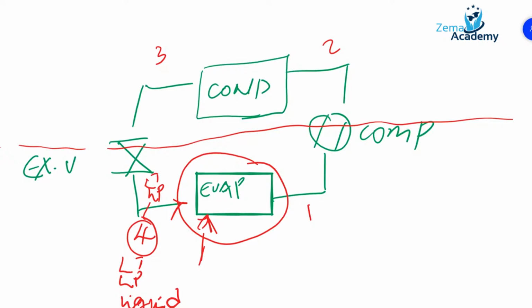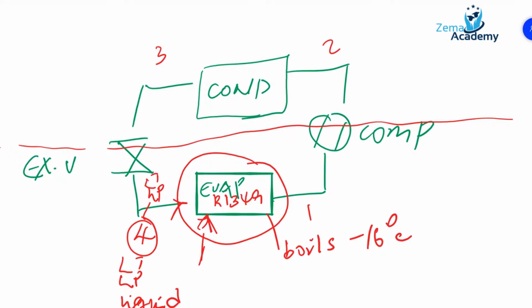And of course, as it travels through the heat exchanger or the evaporator, the refrigerant boils. The advantage of using a refrigerant is it boils at a very, very low temperature. For instance, if we take R134A as an example, that refrigerant boils at minus 16 degrees C. So as you can see, it boils at a very, very low temperature.